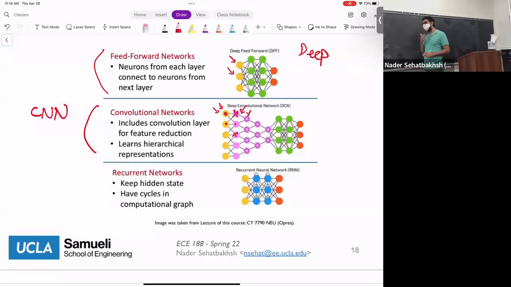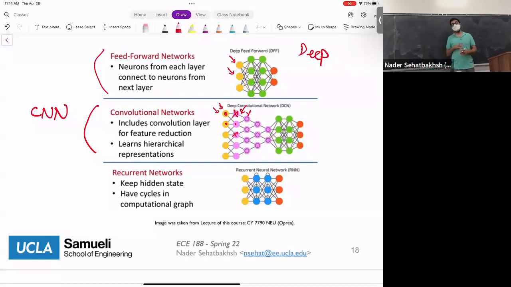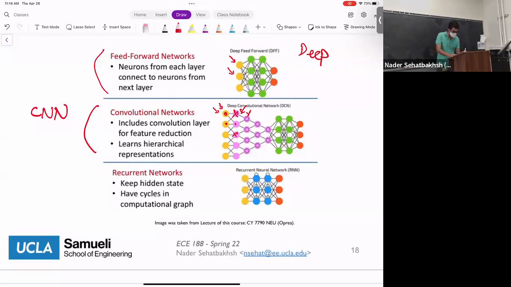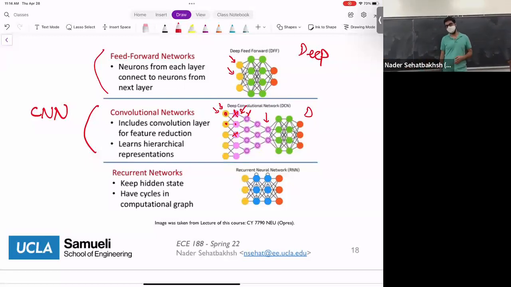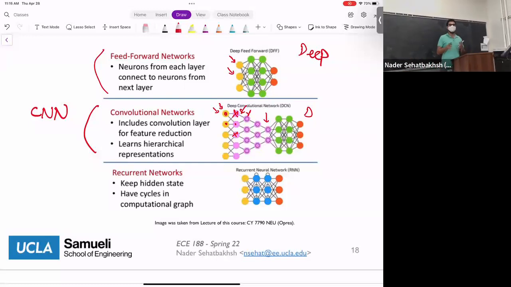Usually the convolutional neural network at some layer connects to a feed-forward network, or what's called a fully connected network. Up to this point is a CNN, but then it becomes a fully connected network, usually because for classification at the final layers, people have shown that fully connected performs much better. So a CNN usually starts as a CNN, and then after some point becomes a fully connected or feed-forward network.